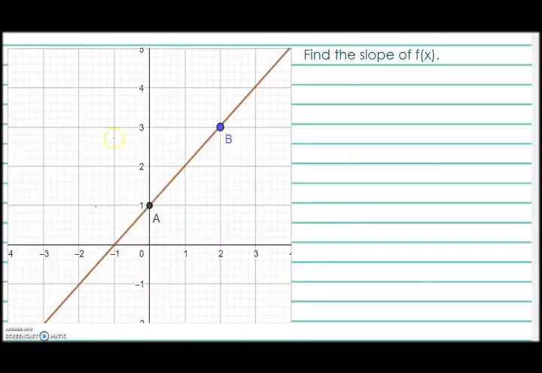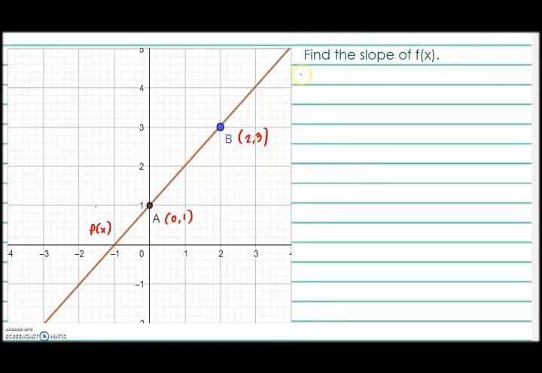Okay, so let's have this graph of f of x. Now, here we are given 2 points on the graph. We have point A and point B. Point A is at 0 and 1. Point B is at 2 and 3. Now let's recall how to find the slope of f of x.